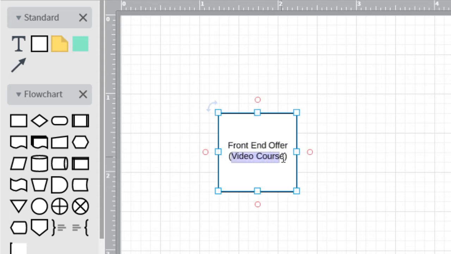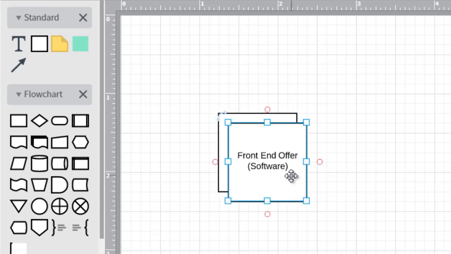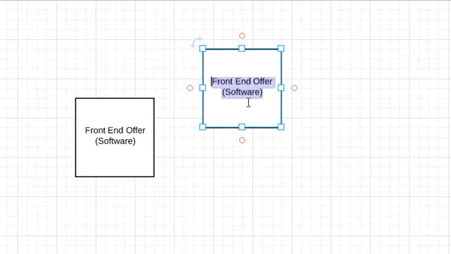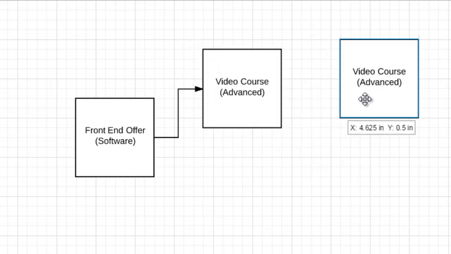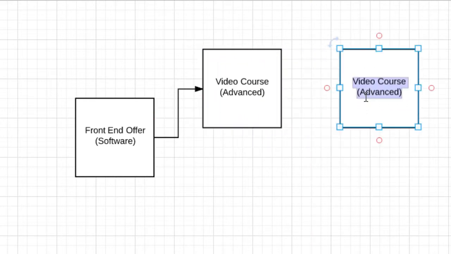We'll just say, we'll do software. And then maybe the one-time offer is a video course, maybe advanced level, teaching them how to use the software to an advanced level. And then maybe you can have a Facebook group or some community. So, Facebook group or community.